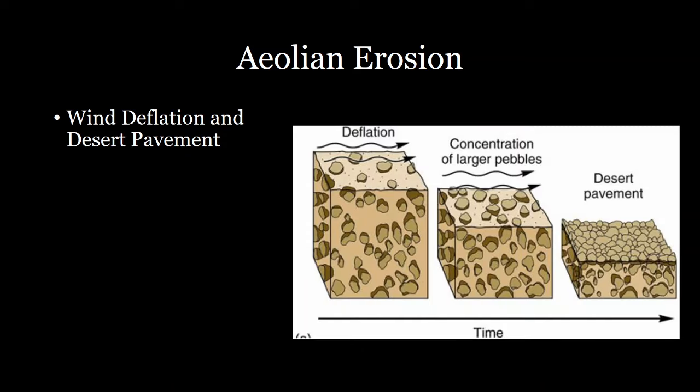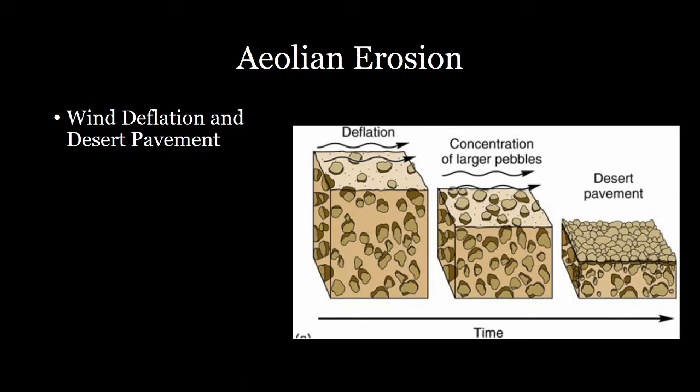And one interesting feature that occurs in deserts is desert pavement. So in a desert, you have usually a combination of fine sediment and coarse sediment that's mixed together and forms the soil. And so the wind has an ability to blow away that fine sediment more easily.